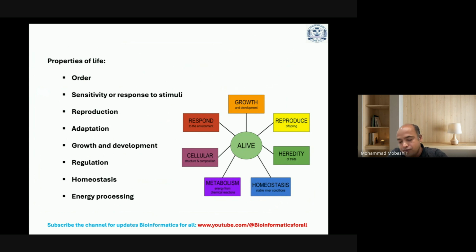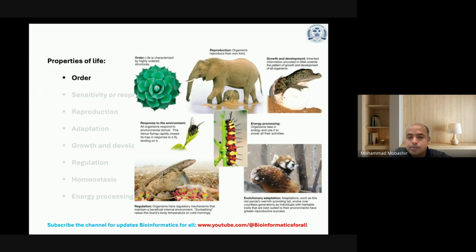So the first property is order. Here, order means what? Life is characterized by highly ordered or well-defined structures.